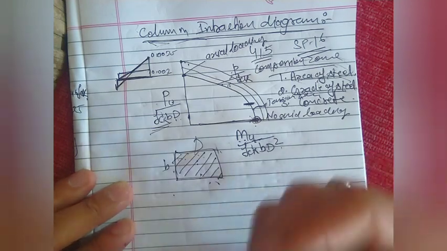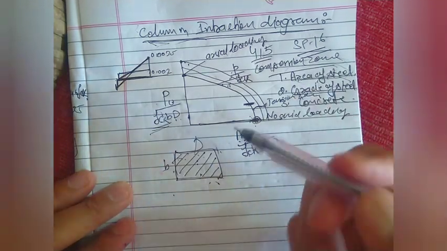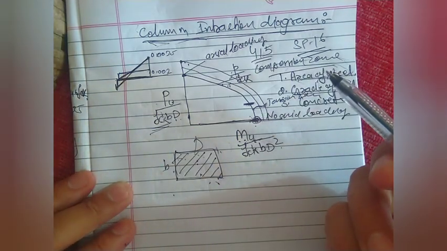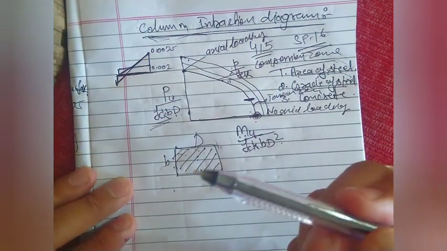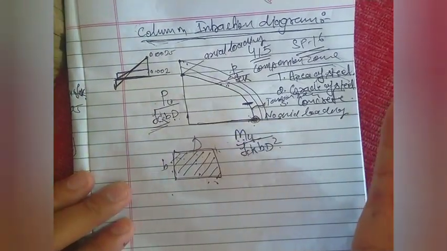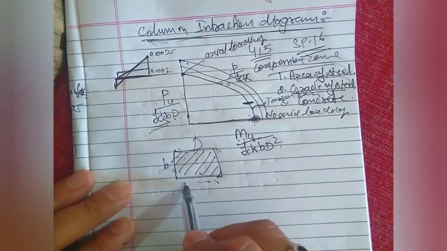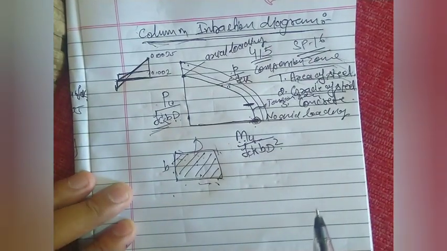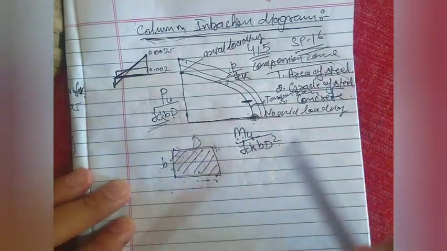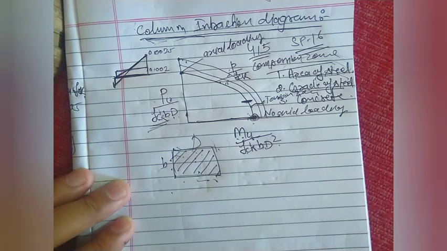What is the most important thing here? The most important thing is that we are going to use this interaction diagram for the calculation of area of steel for the given section. We'll see while solving the numerical problem how these diagrams can be used to calculate the steel.